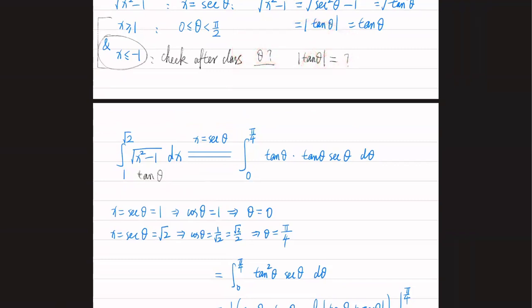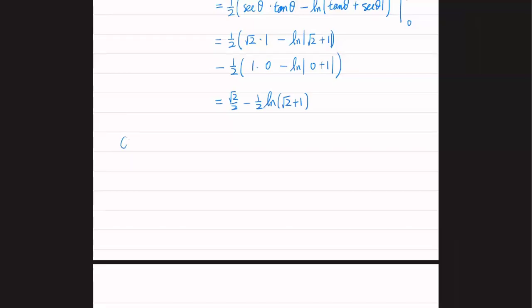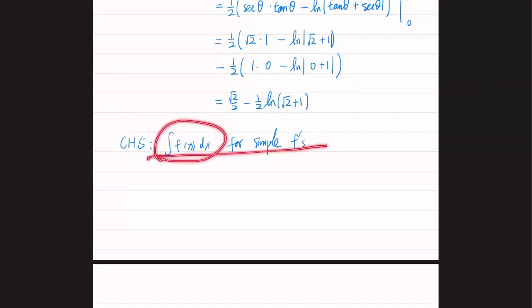Then in the previous section, maybe chapter 5, maybe a summary here: for very simple functions, if we can find the antiderivative, we can find the integral.